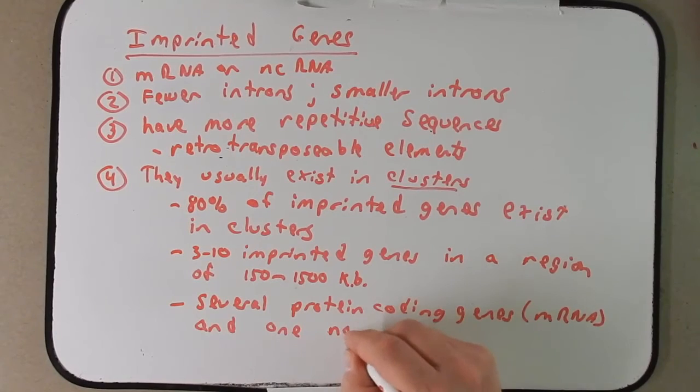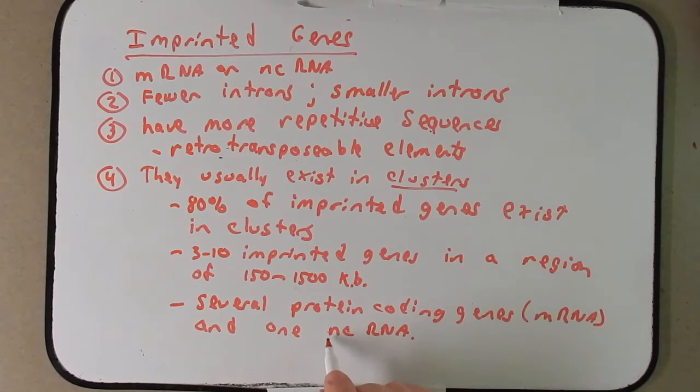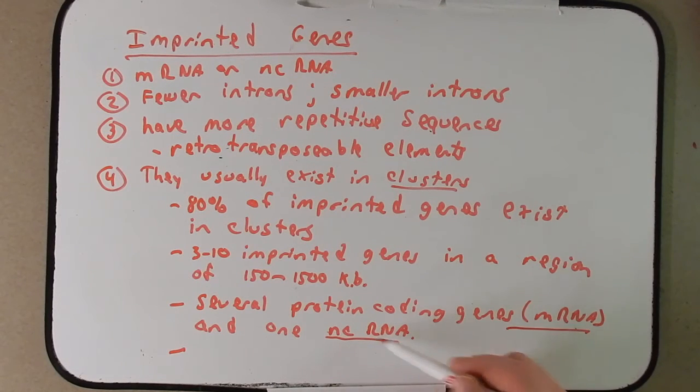It's very common that these clusters contain several protein coding genes, that is, they will make messenger RNA, and one non-coding RNA gene. This non-coding RNA is often responsible for controlling whether or not these messenger RNA encoding genes are expressed. Now, an interesting observation is that the messenger RNA encoding genes and the non-coding RNA genes are imprinted in a reciprocal fashion.